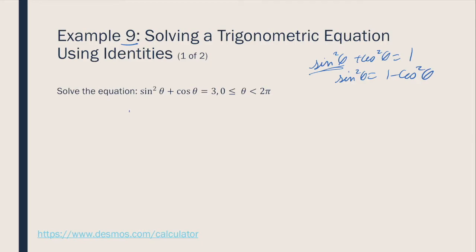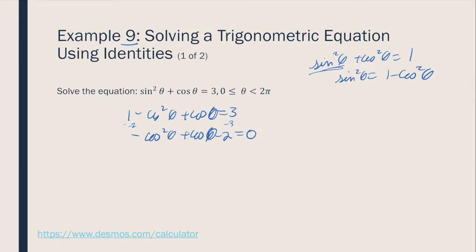So I have 1 minus cosine squared theta plus cosine of theta equals 3. And let's try and get this whole equation set equal to 0. So I've got negative cosine squared theta plus cosine of theta. I've got 1 minus 3 from both sides. That gives me a negative 2 equals 0.